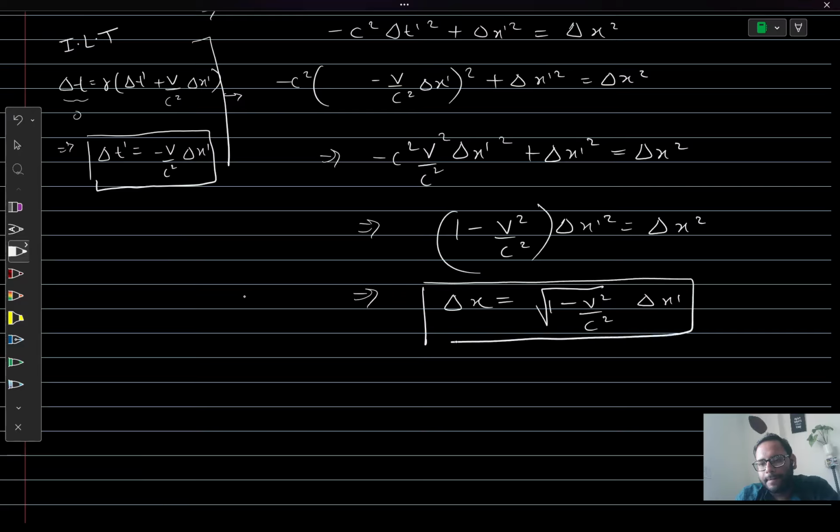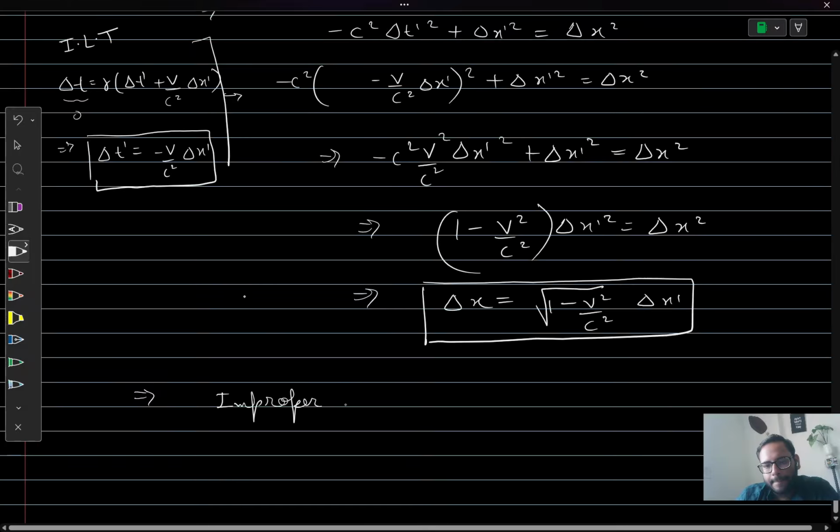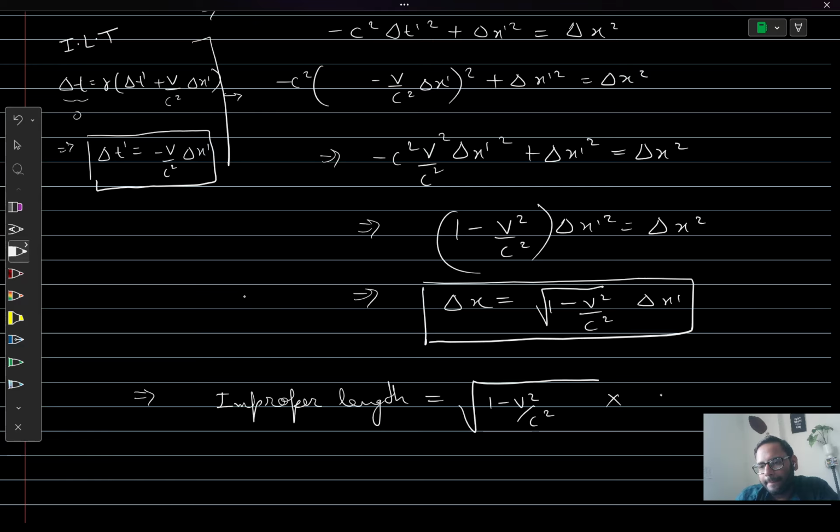You can also write it as improper length is equal to square root of 1 minus v squared by c squared multiplied by proper length.